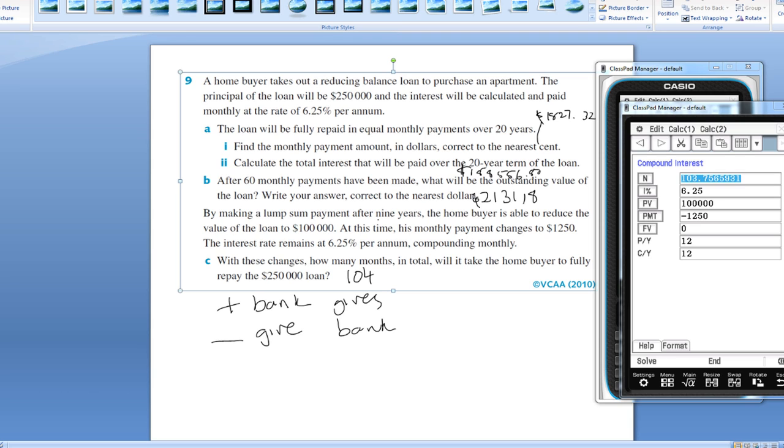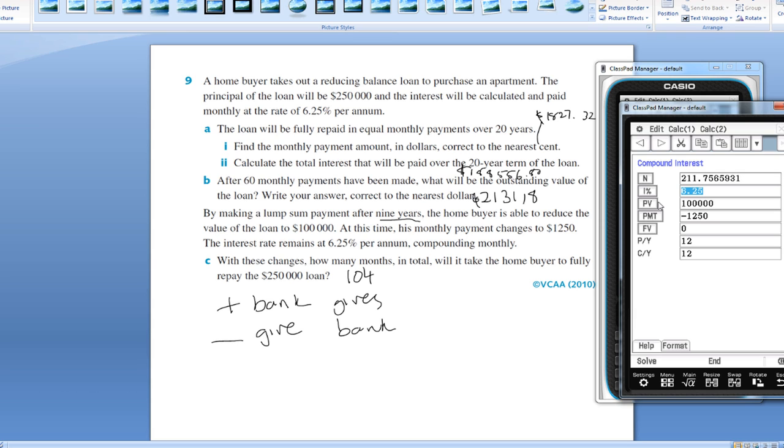So we've got to be careful here, because also they've done 9 years worth of repayments prior to this to reduce the loan to $100,000. So actually I've got to add to this amount here 9 lots of 12 repayments, because I do that for 9 years, 12 repayments for each of those 9 years.